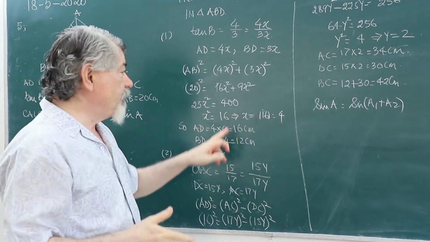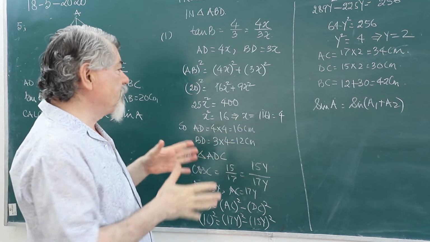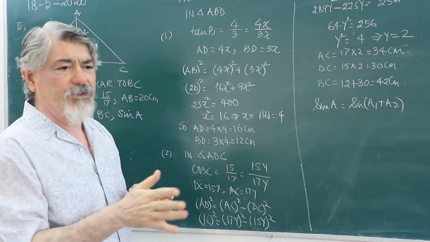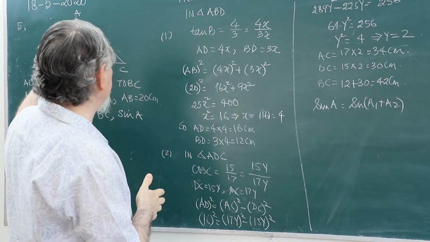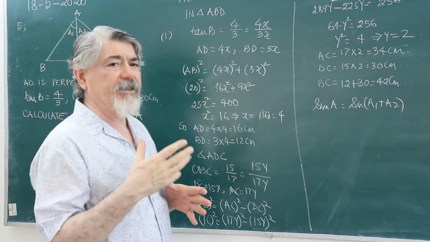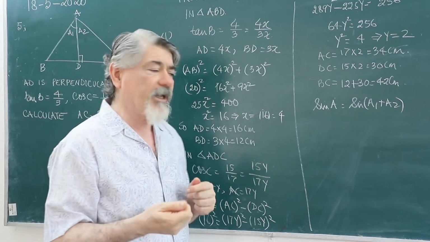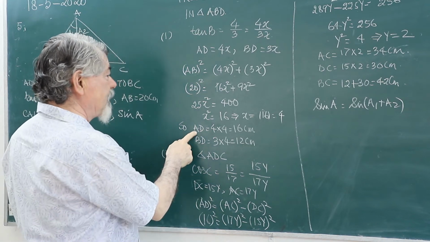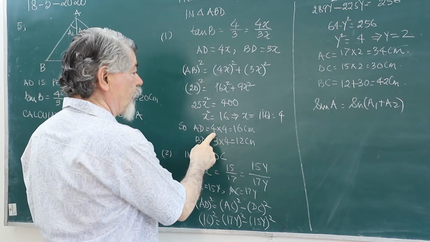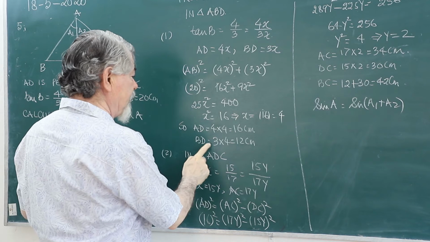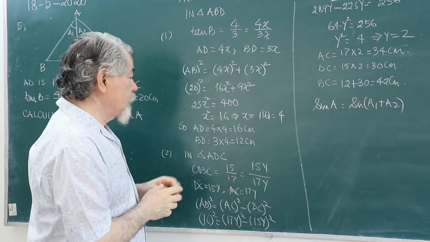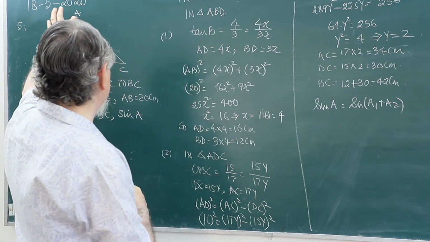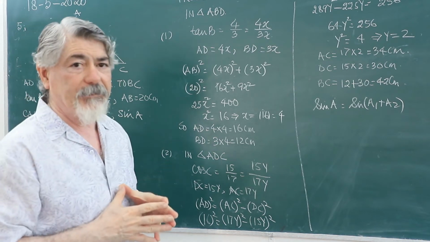Because whenever you take a square root, particularly when evaluating sides, we take the positive value. So AD is 4x, so 4 into 4, 16, BD is 3 into 4, 12. So I have got the three sides of the right angle triangle ABD.